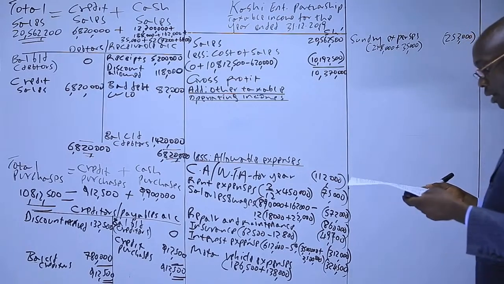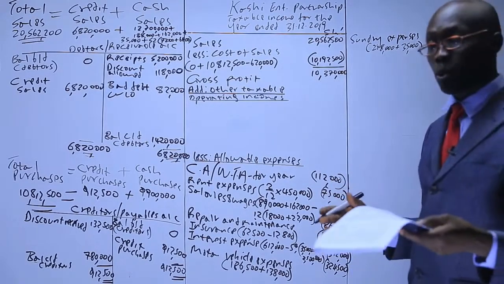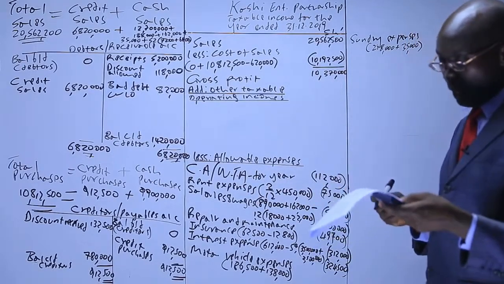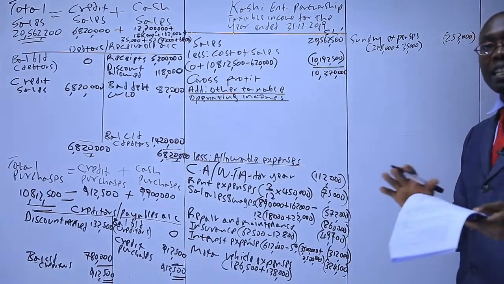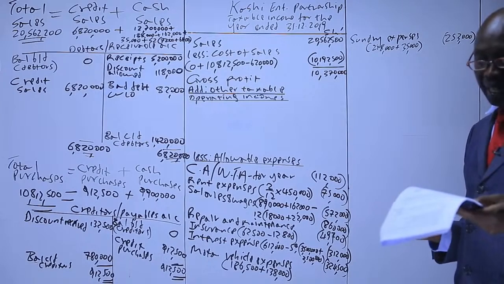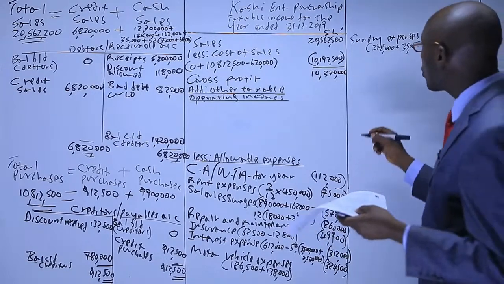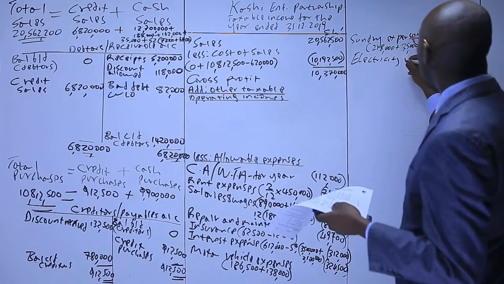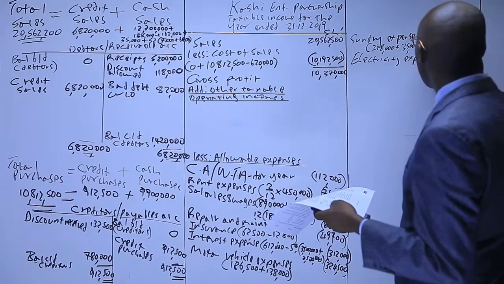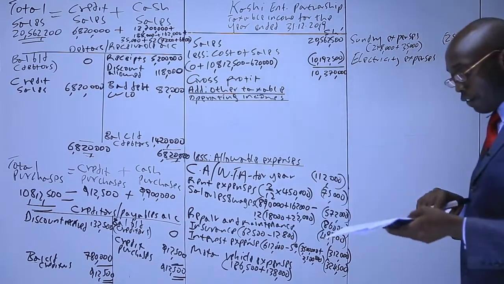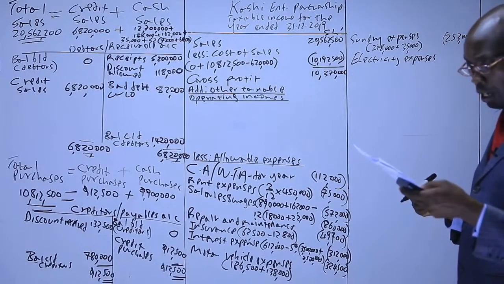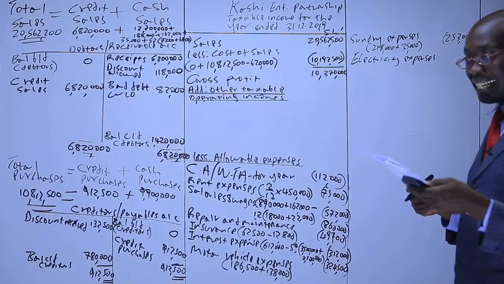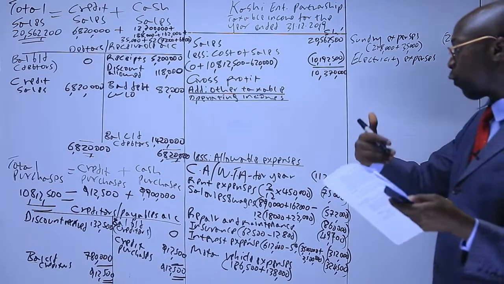Then we go back after the sundry expenses. Motor van purchased, that's a fixed asset which we should claim capital allowance. But remember, we were already given the capital allowance, so we ignore. Tax penalties, we said any expense relating to tax we don't allow. Electricity expense, that is allowable. So electricity expense, but we check for the additional information. If you go to the additional information number 3, we had electricity prepaid, and we said prepaid is for next year.